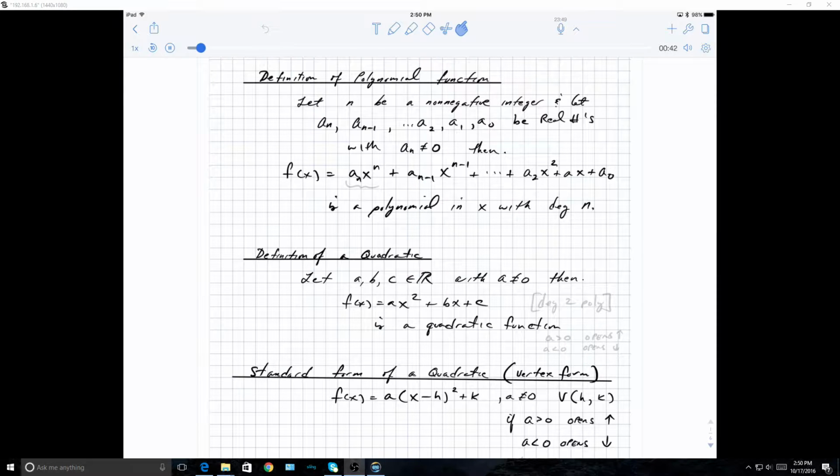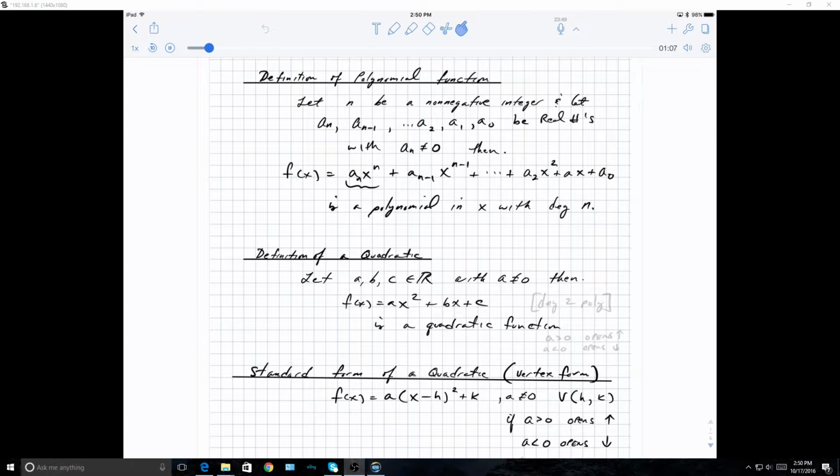That means that the lead coefficient is not 0, which is important because we're defining the polynomial based on that. So f of x is equal to a sub n x to the nth power, which is the lead degree and the lead coefficient, and it is a polynomial in x with degree n.